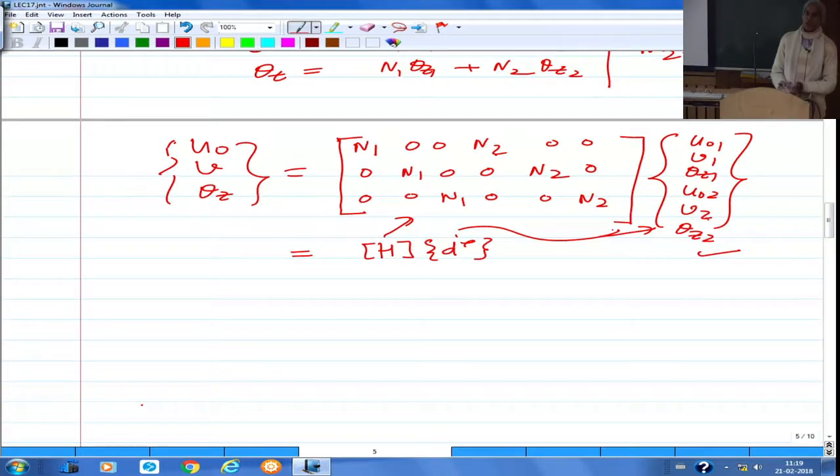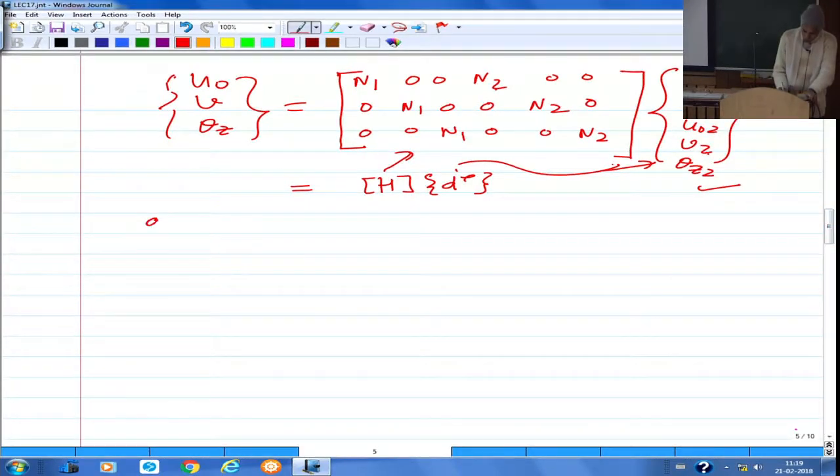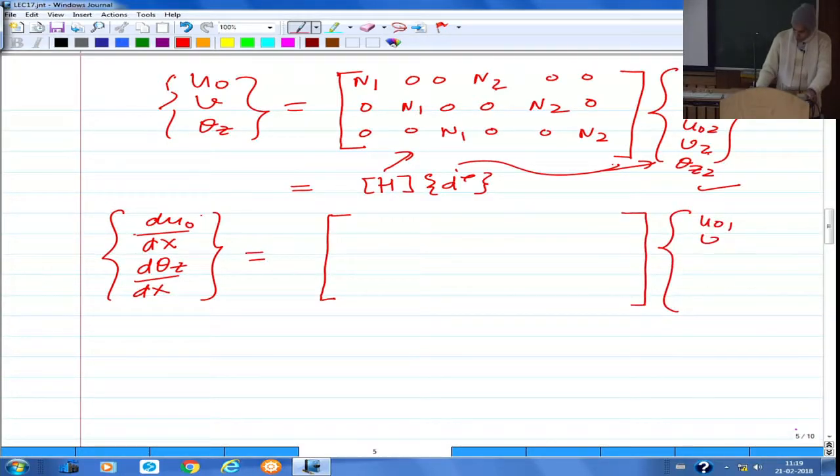Now you also need those strain terms which are like du naught by dx, d theta z by dx and so on. So du naught by dx and the vector consisting of d theta z by dx, which is coming in your total potential energy functional, can also be written in a similar fashion. This side u naught 1 v1 theta z1, you can write that as the vector d^e: u naught 2 v2 and theta z2.